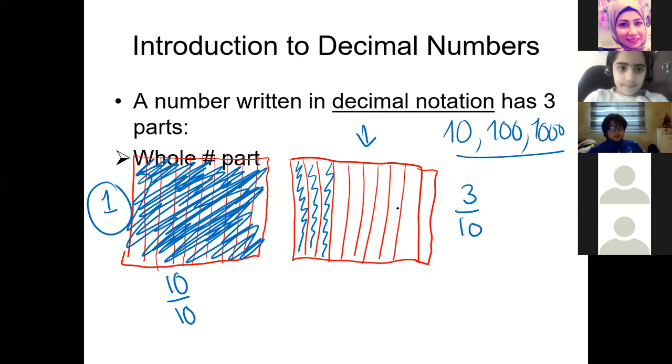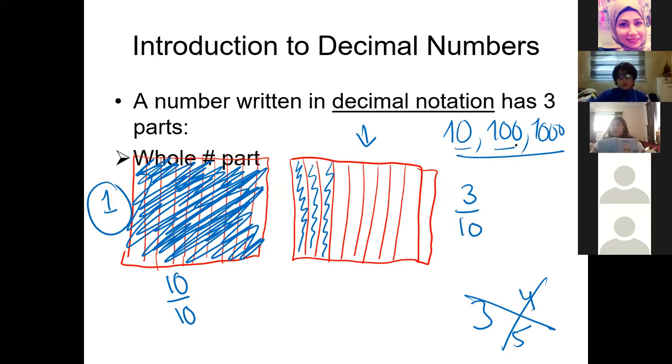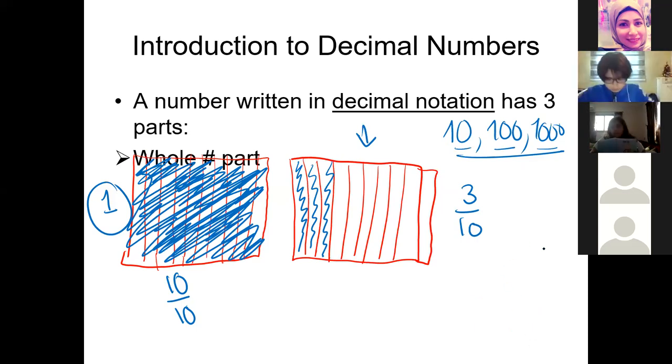I can't say it if I divide into 3 equal parts or 4 or 5. We can't. So if we divide any shape into 10, 100, 1000, 10,000, 1 million and so on, we will talk about decimal numbers.